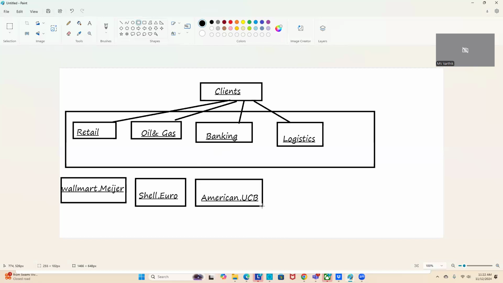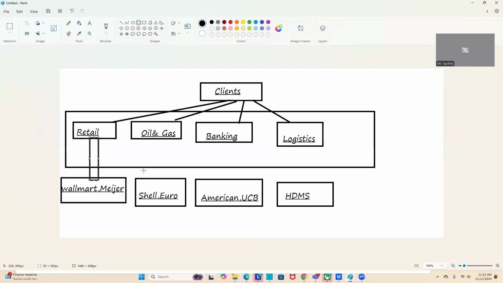For logistics, you can take anything, such as HDMS, DFL, and any other clients related to these platforms.